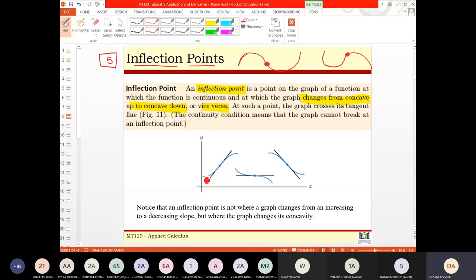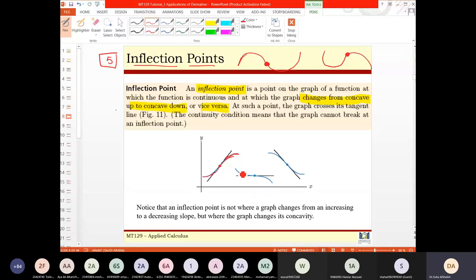So they are showing you here an example of an inflection point. You can see this graph. The function is concave up, but then the function changed to be concave down. You can see the tangent line will go through the curve, and the function is changing from up to down. The line will cut it, will go through it. This is another example.